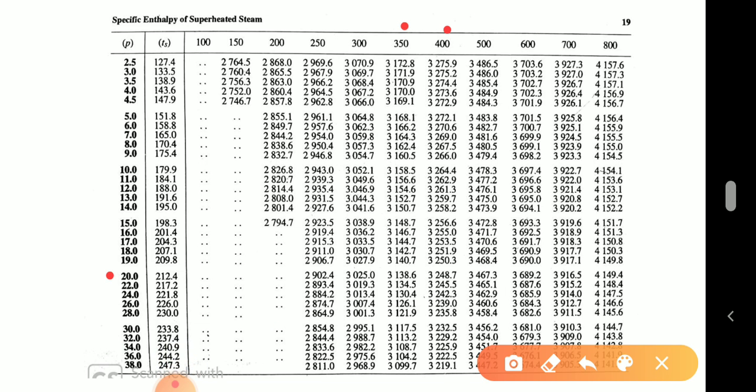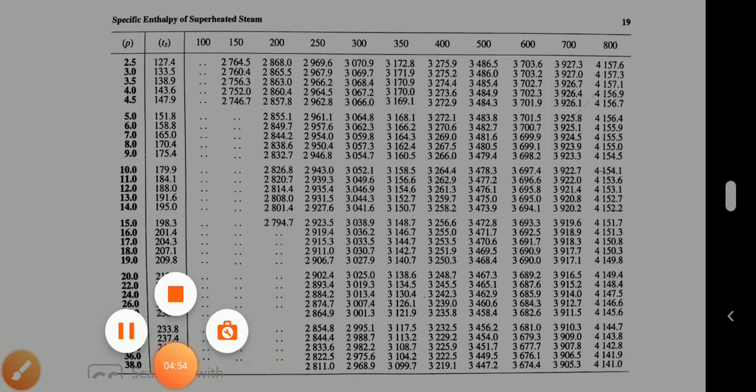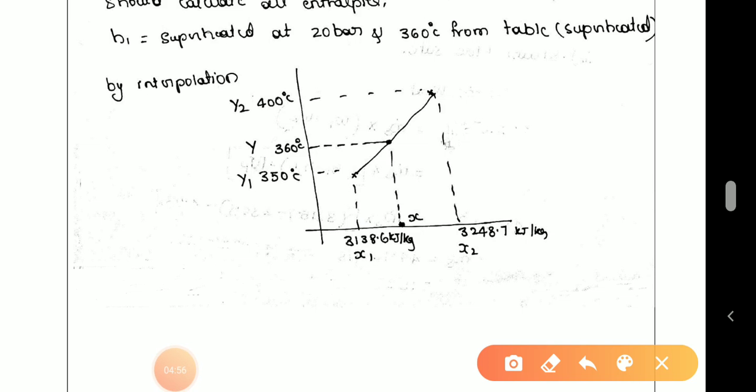The enthalpy value at 350 degrees Celsius is 3138.6 kilojoule per kg, and for 400 it is 3248.7 kilojoule per kg. So by the interpolation method you can get the value at 360 degrees. This is the interpolation method.